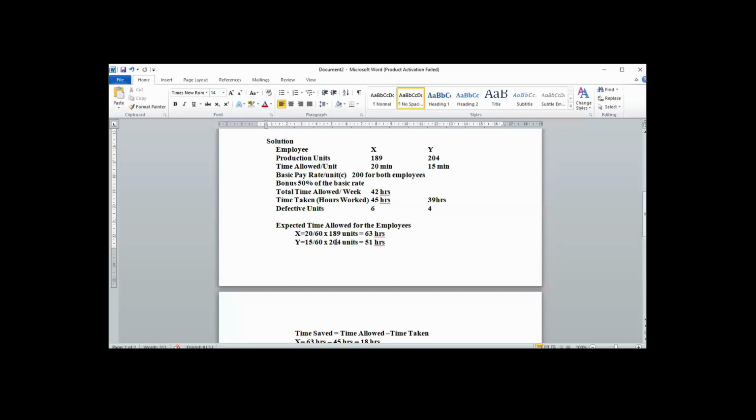Simply means, in one way or the other, he has saved time because he ended up using 45 hours. Let's work 45 hours on a good day. You're supposed to work 63 hours.